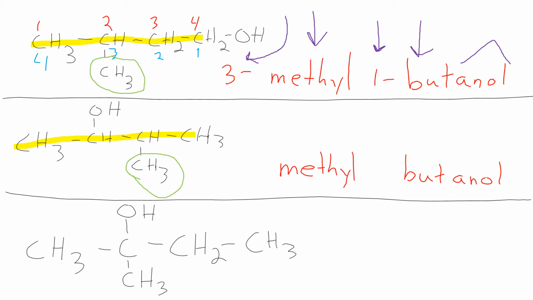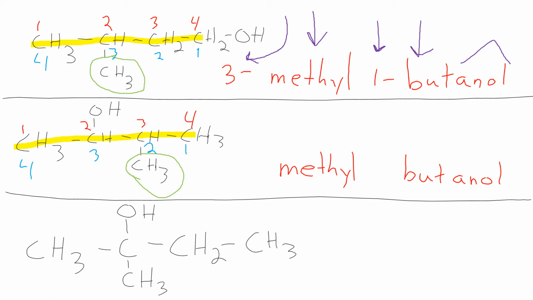And then our last step is to do our numbering so we can describe locations. Going left to right in red, 1, 2, 3, 4, or right to left in blue, 1, 2, 3, 4. Remember, it's the functional group that matters, so we're looking at the carbon that the OH is on.